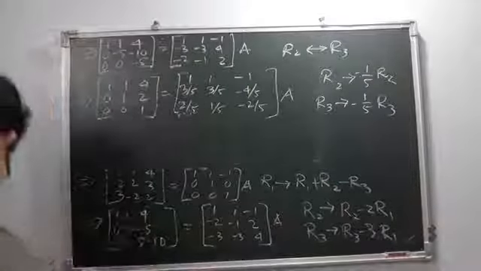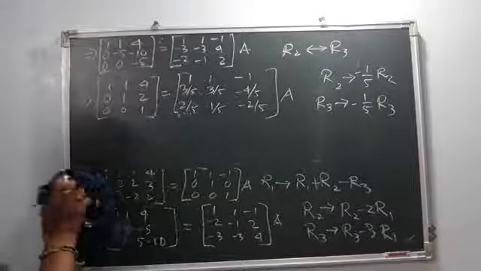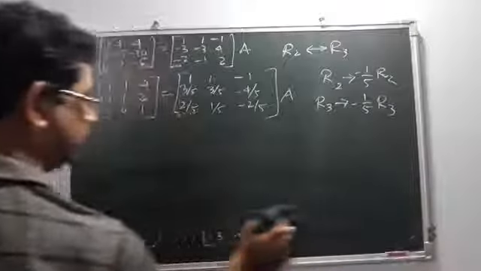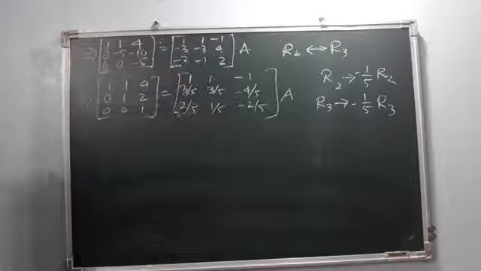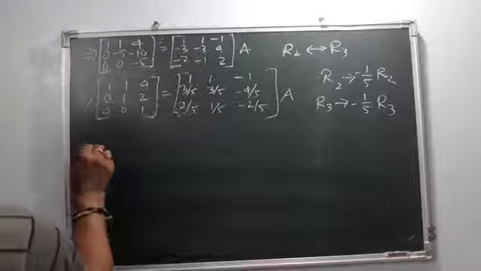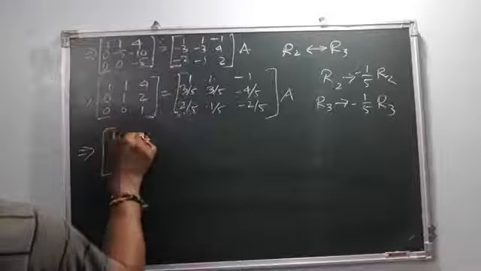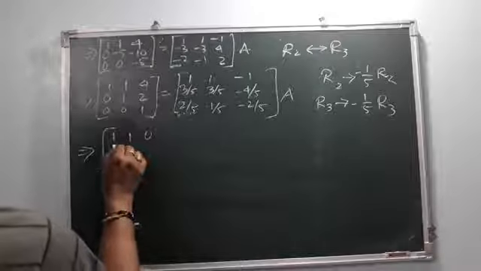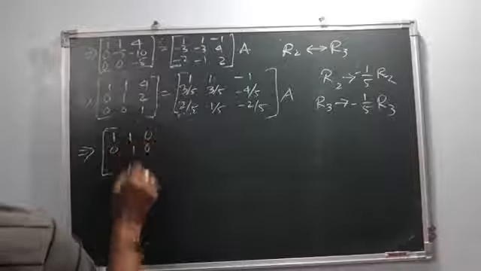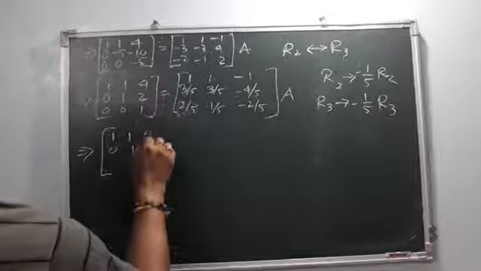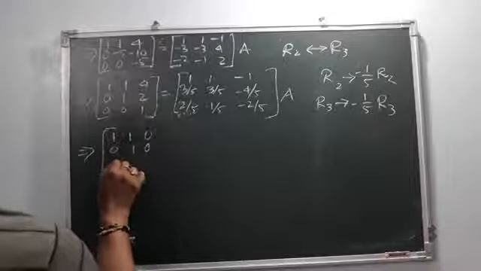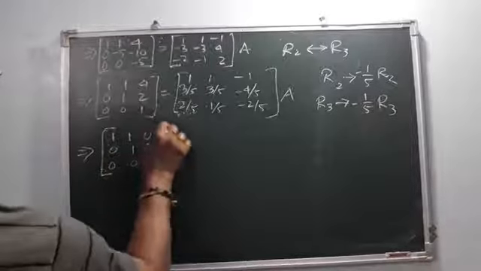After that, we will get 1 1 0, 0 1 0, and 0 0 1.